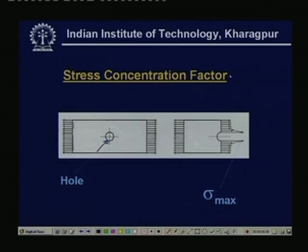The word stress concentration does not mean the stresses are literally concentrated over this zone. Actually, the situation is something like this. If we draw some stress trajectories, it will go over here, then it changes its path.